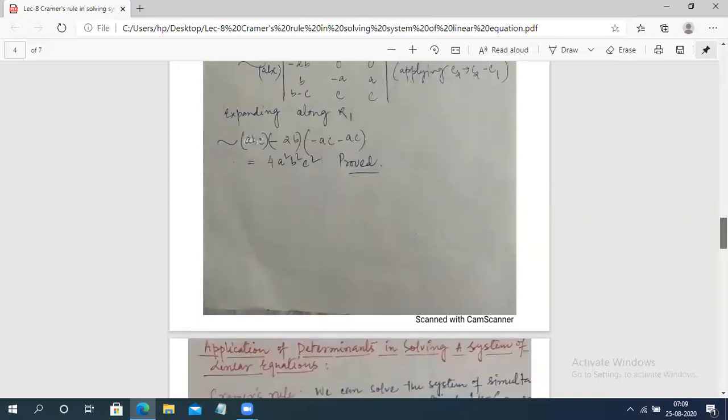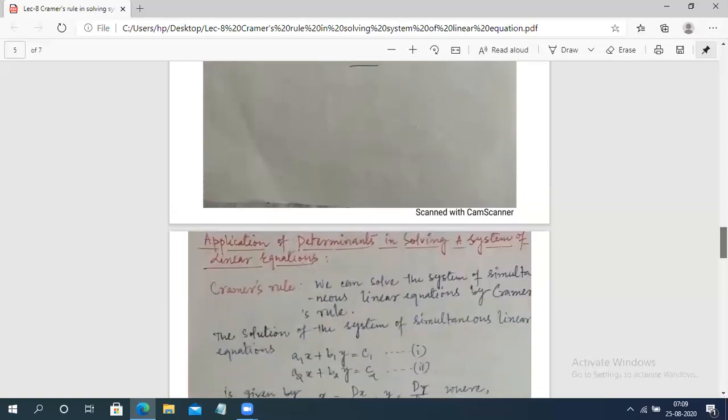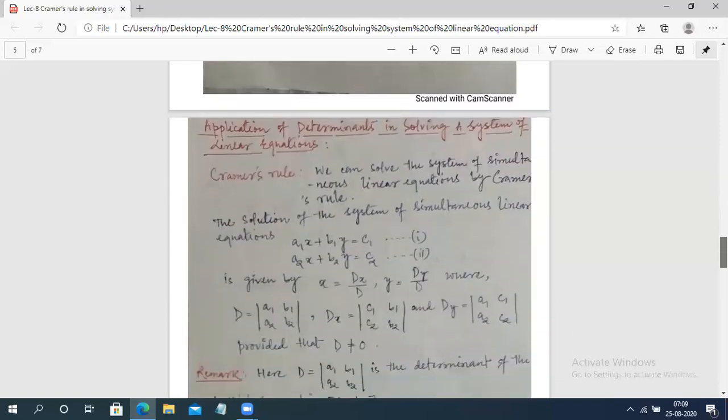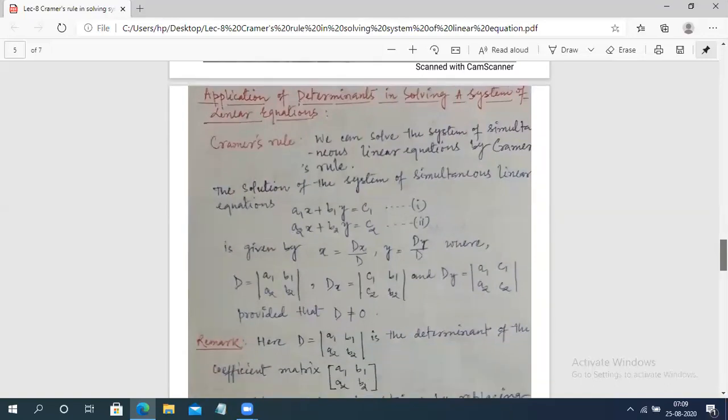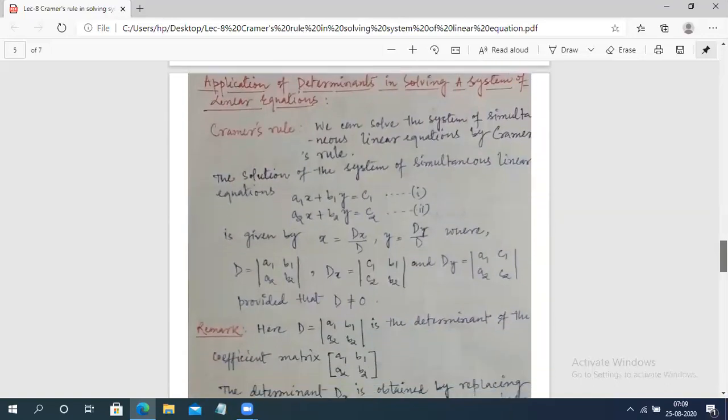Now come to the last topic of your first unit. This will be the last lecture of your first unit, and it is about the application of determinants in solving a system of linear equations. That means now we will solve a system of linear equations by using determinants. In the previous exercise, we solved the system of linear equations by the matrix method.